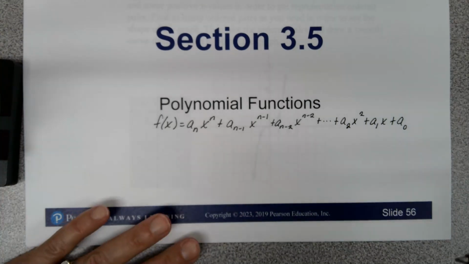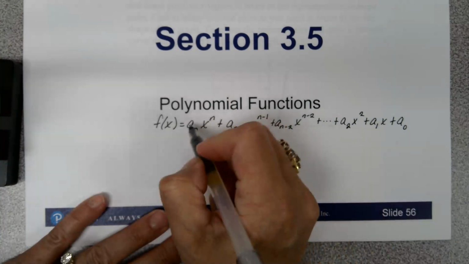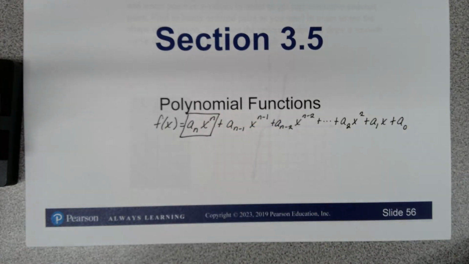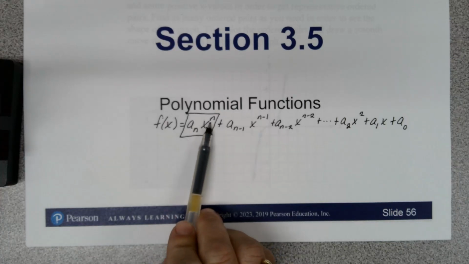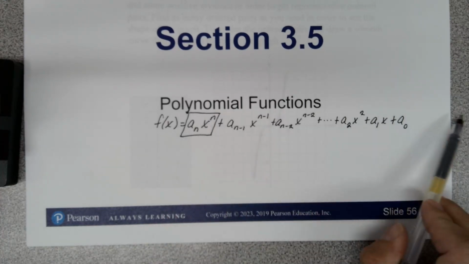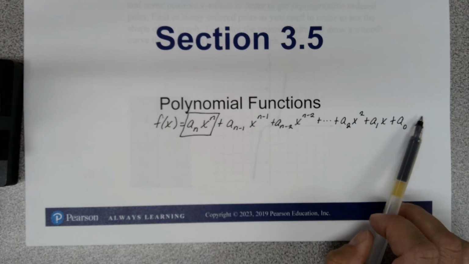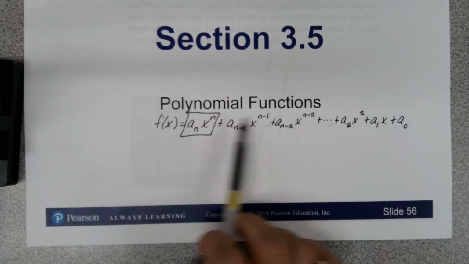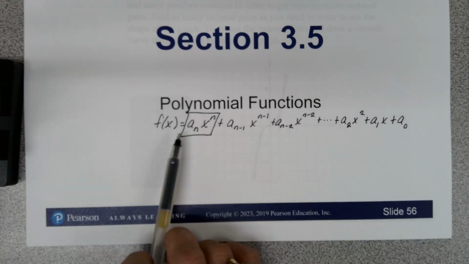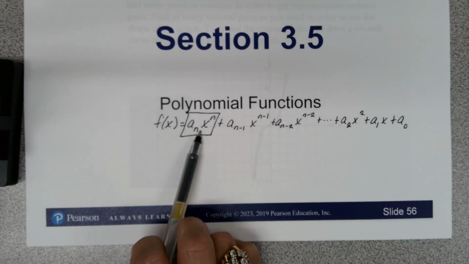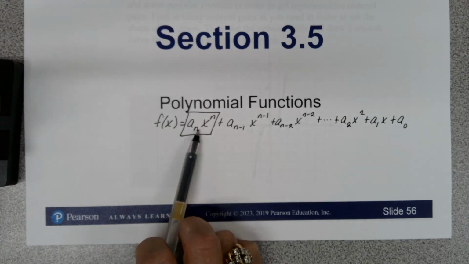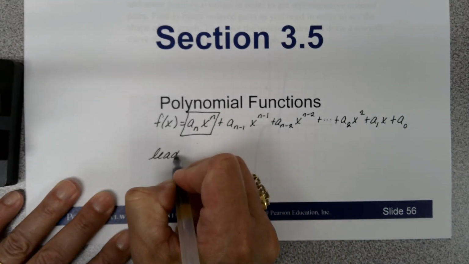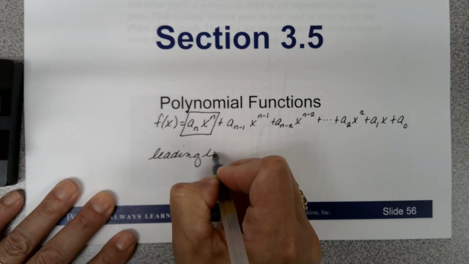What we're going to see in this particular section is that if you have your polynomial written in descending powers of x, which we do, n is the highest power, and then they descend down to technically an x to the 0 down here. When you have your polynomial written in descending powers of x, this very first term is super important. And so collectively we call this whole thing the leading term.